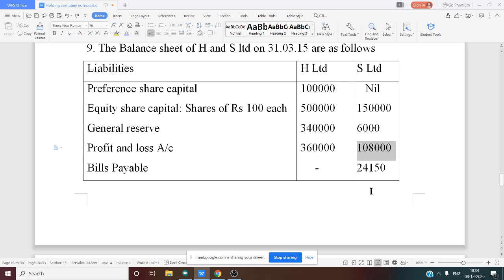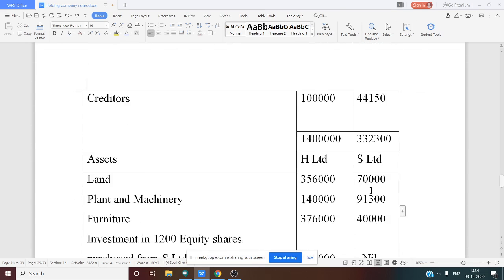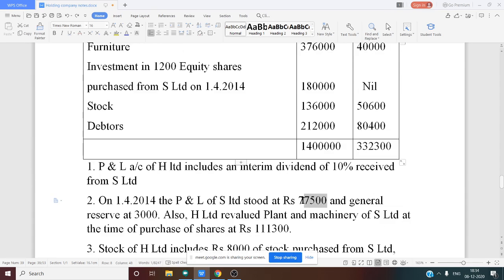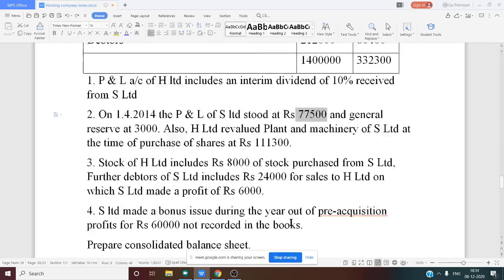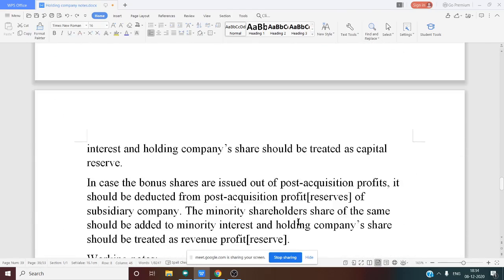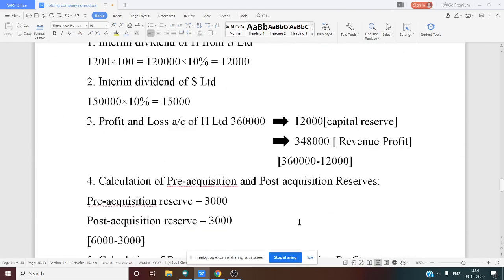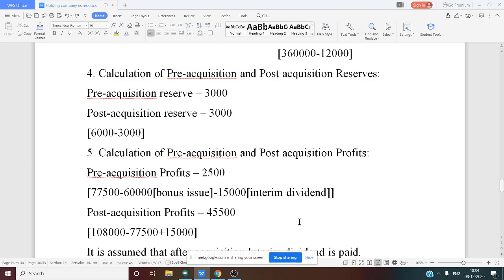Out of that, pre-profit, we know, is given in the adjustment, 77,500. So minus this information. Why minus this information? Because the remaining is post. That is confirmed. The remaining is post. So what is the difference amount? Can you tell the difference now? 1,08,000 minus 77,500. What is the difference? Can you tell me?